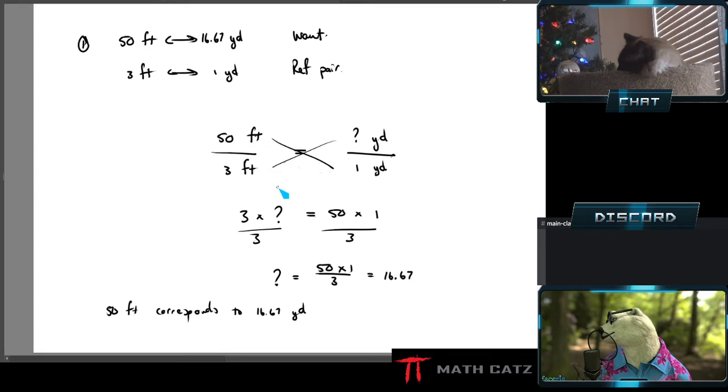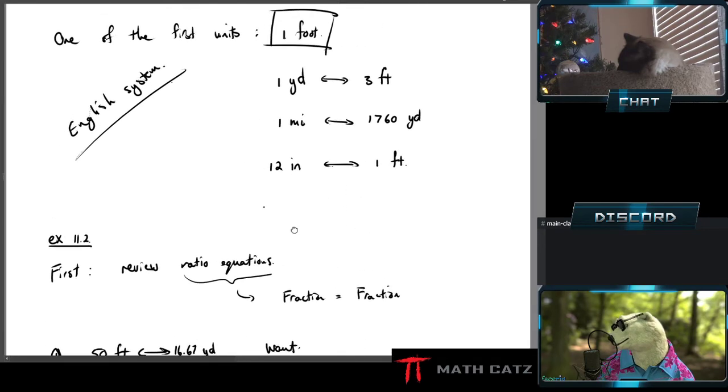I'm sort of at the mercy of my table of unit conversions, of reference pairs up here. And there's no immediate conversion in this that I have that takes me from yards directly to inches. I'm going to have to make a little path here.